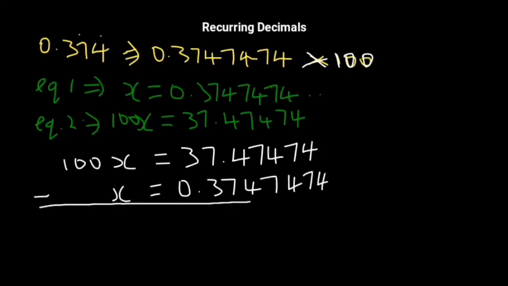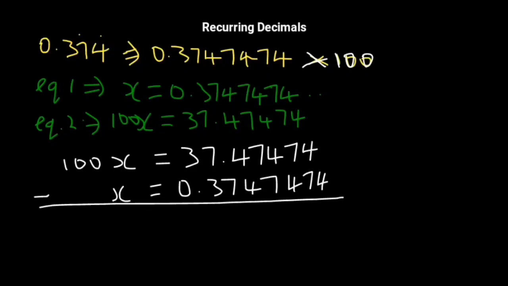And when you're writing out your recurring decimals, you can write it to whatever amount of decimal points you think is reasonable to do your calculations. So if it's a recurring decimal, you can write up to 4 decimal points, or 3, 4, 5, a reasonable amount. It's up to your discretion.